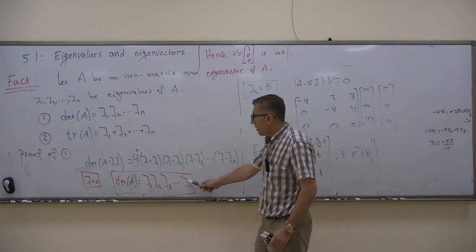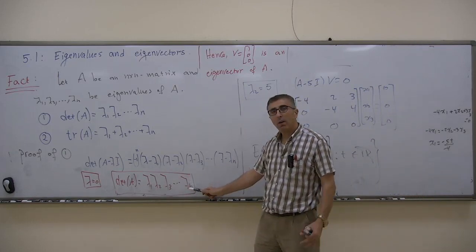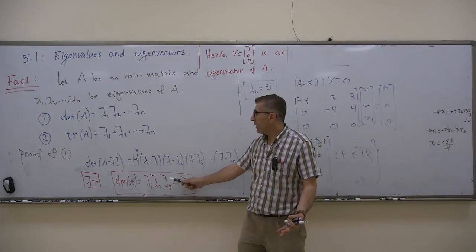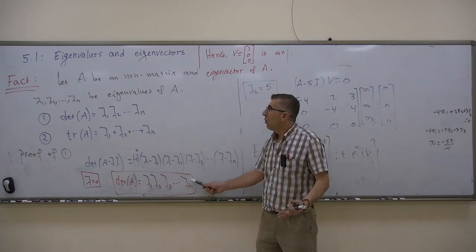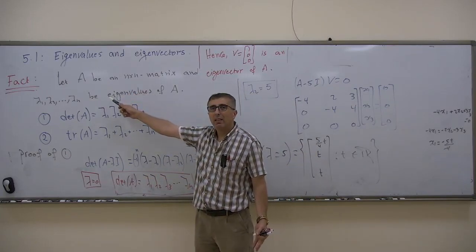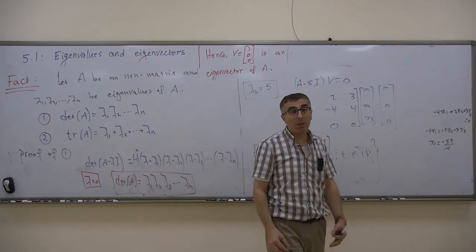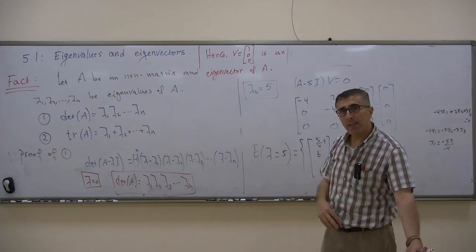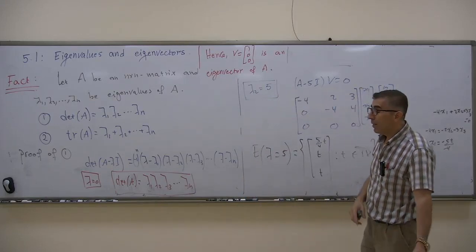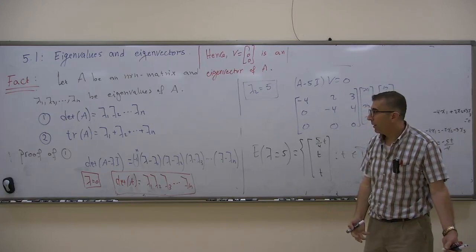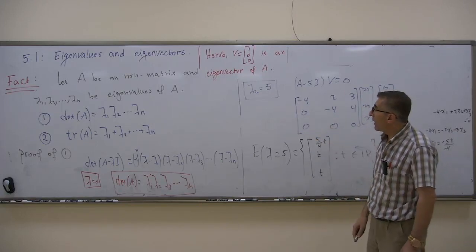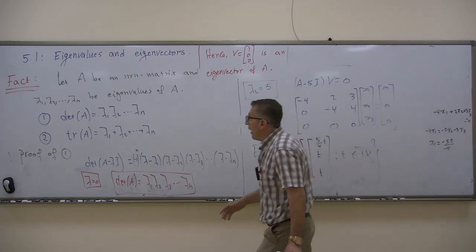If one of them is 0, what happens to this? Well, you get 0 here. What does that mean? The determinant is 0. What does that mean for the matrix? If the determinant of the matrix is 0, then your matrix is invertible or non-invertible? Then your matrix is non-invertible. Okay? So from this fact, you can write another easy fact.